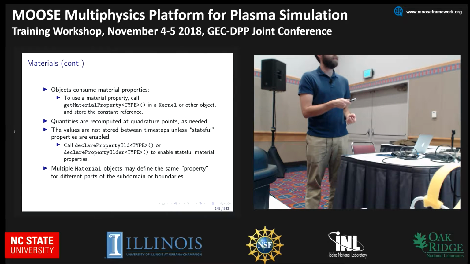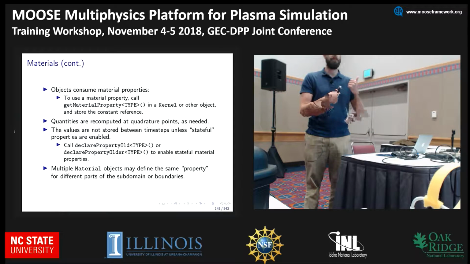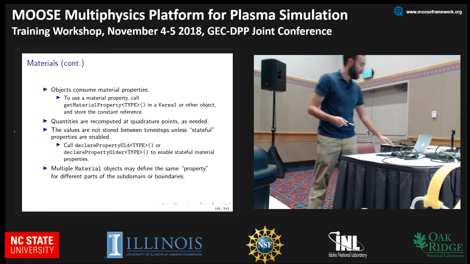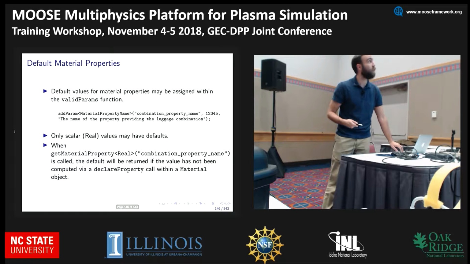Inside the material class, you can declare property old or older, and this will tell it to store that value, which requires the old value of the variable. You can tell it to use the old value of the variable using this. I think we're going into more detail about that in a minute.